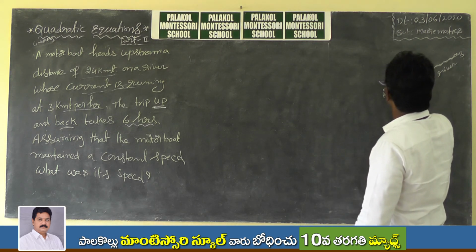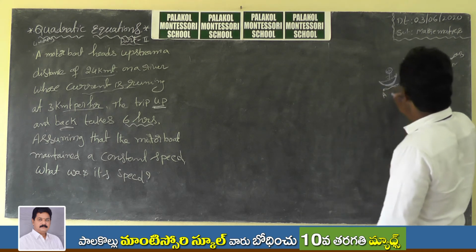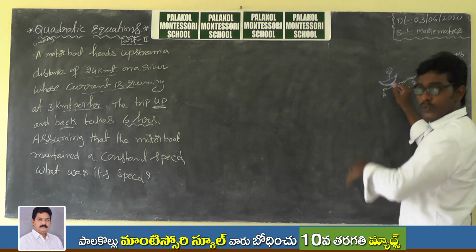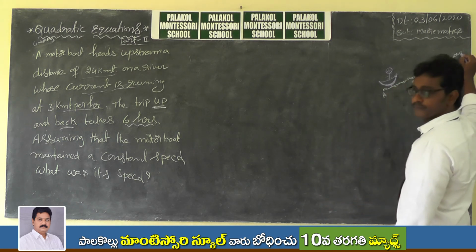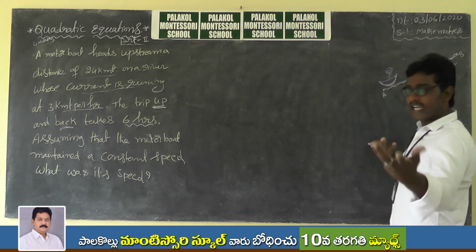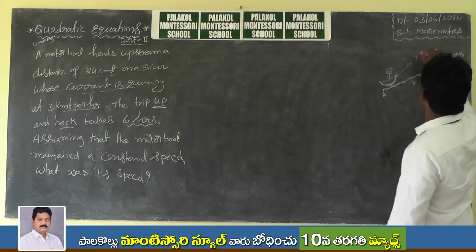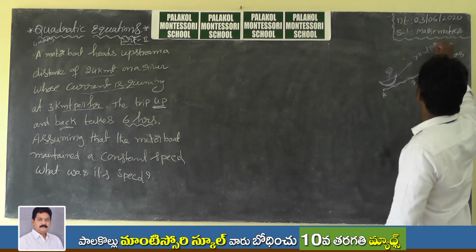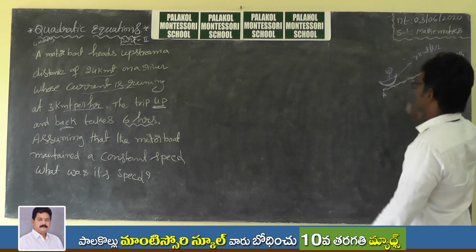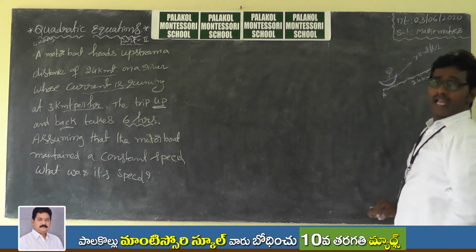Here one person is driving the motor boat. The boat moves from A to B. So what is the speed of the boat? Generally, you take the speed of the boat as x kilometers per hour.